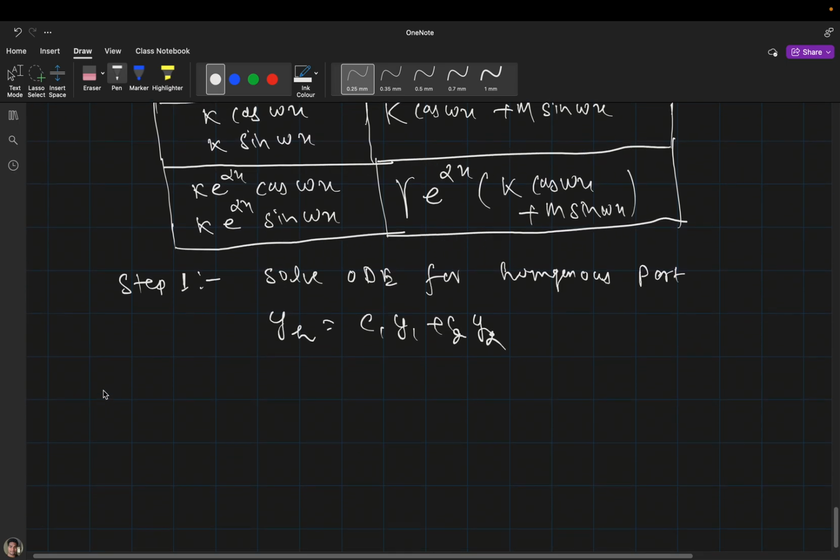First we will solve the homogeneous part, then we will follow step number 2. And what is that?